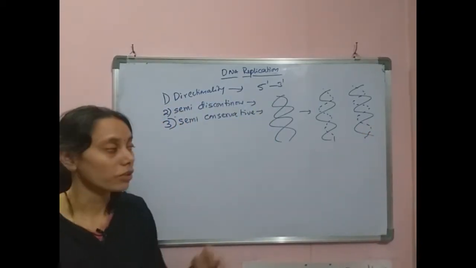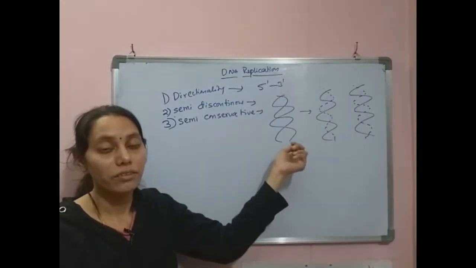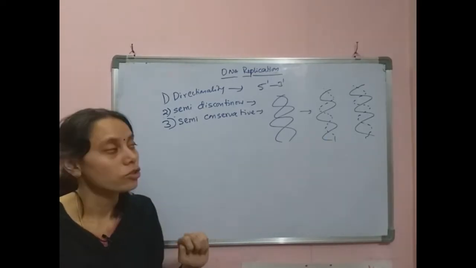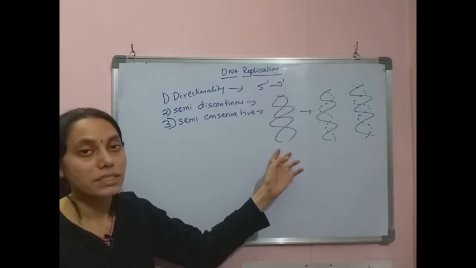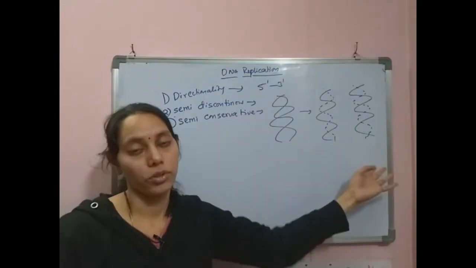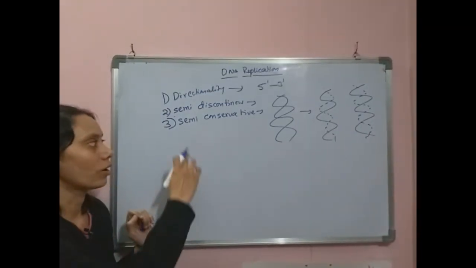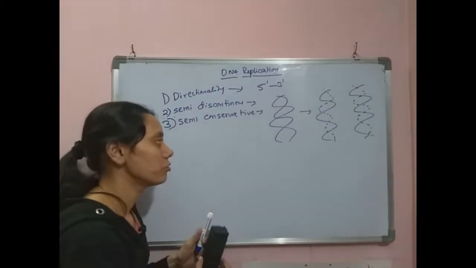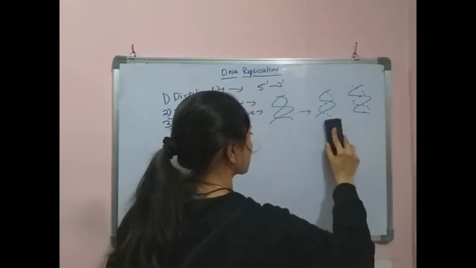So each daughter gets one parental strand and one newly synthesizing strand. The parental DNA is partially conserved among the two daughters, hence it is called the semi-conservative mode of replication. That is the other feature of DNA replication.